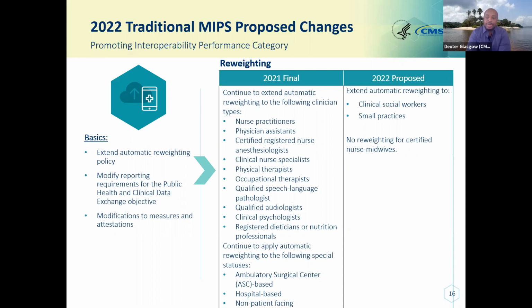In circumstances when both promoting interoperability and cost are reweighted, so assuming we finalize our small practice automatic reweighting policy as proposed, and if there are instances where we can't calculate costs, the small practice final score would be assessed off of the weight of quality of 50 points and improvement activities for 50 points, assuming we finalize as proposed. So once again, this is what we're proposing. These current changes are under review right now, and we will know more about this come next month.